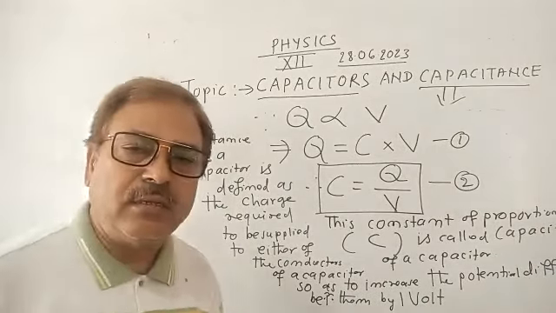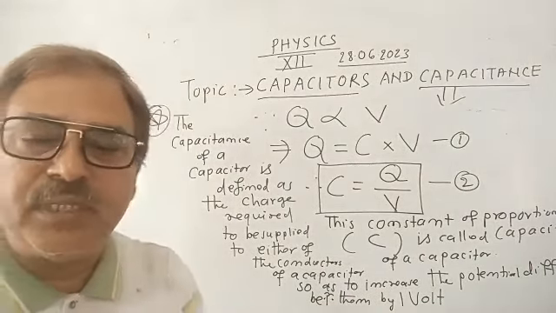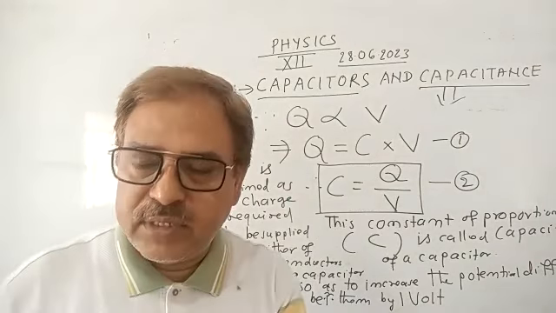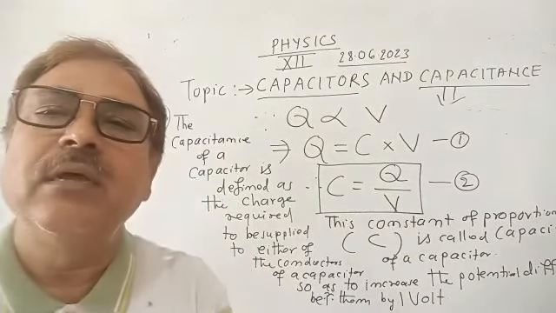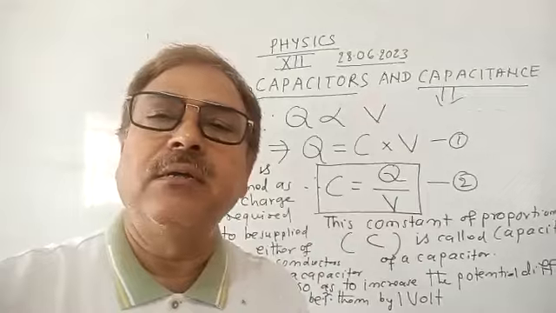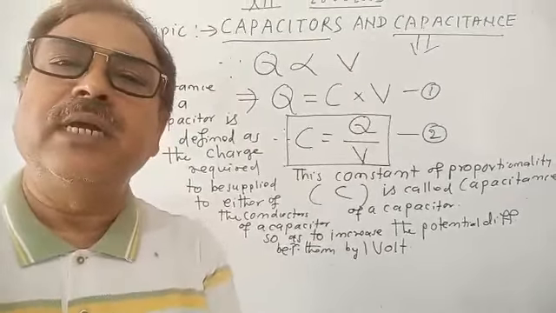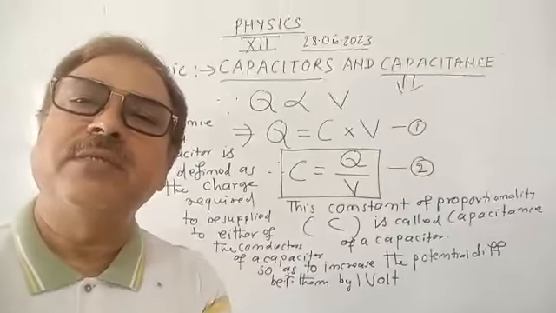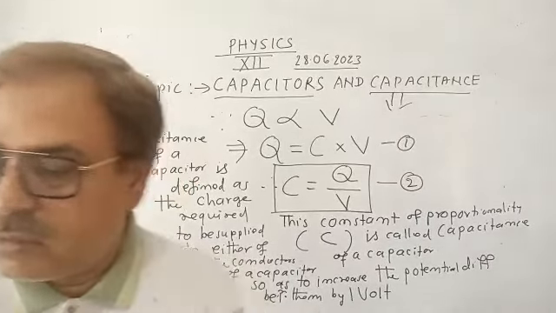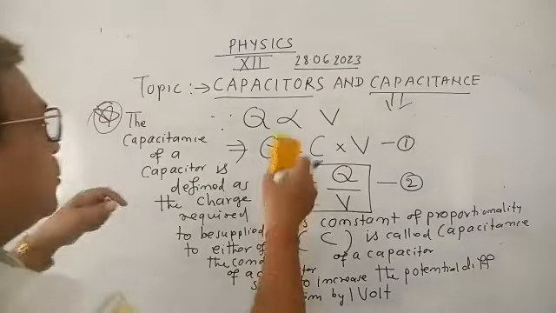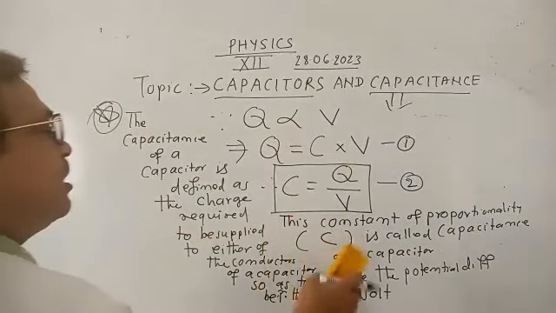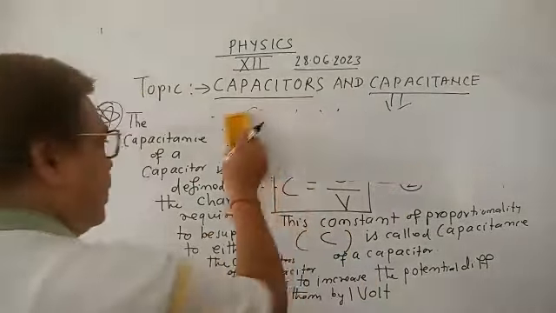Actually, it is the total capacity of the capacitor to store the charges, which is required by each plate, so as to increase the potential difference between the two conductors by 1 volt. After writing this formula, you just see here.